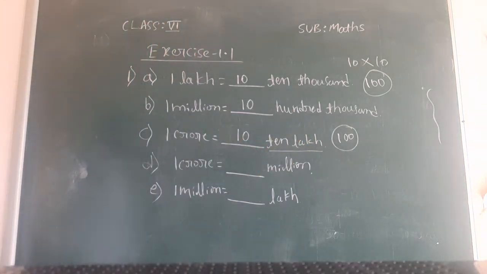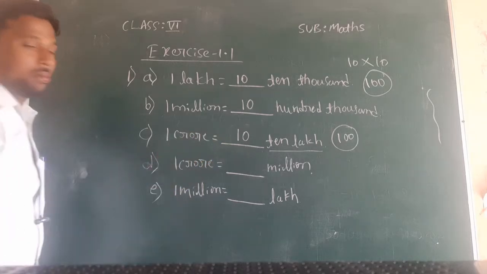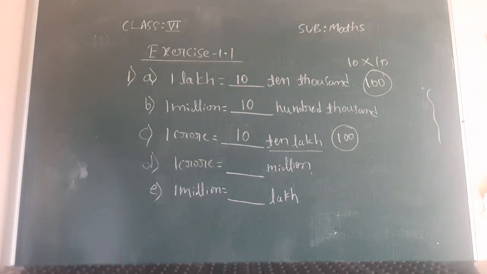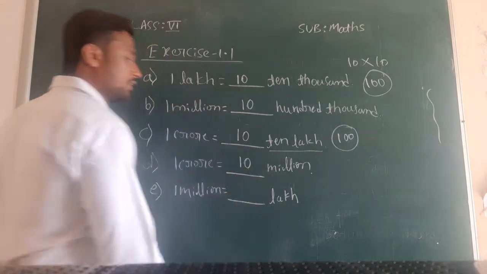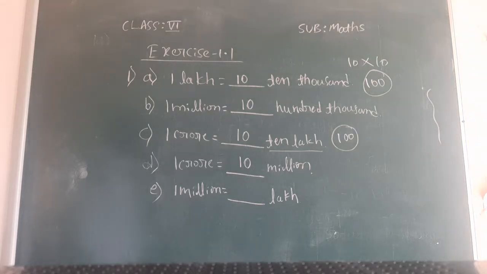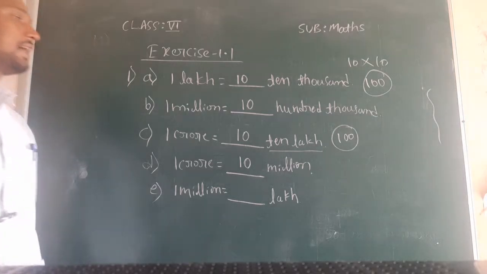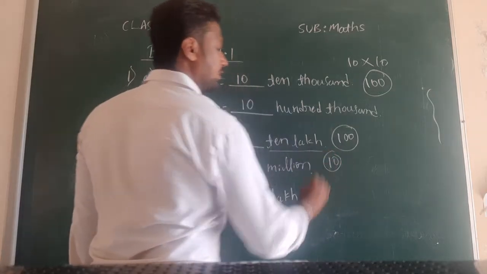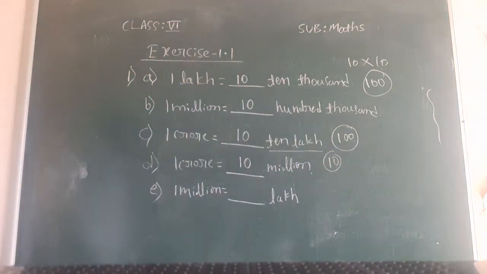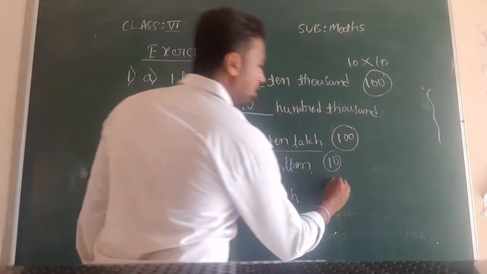Next one, 1 crore equals to how many millions? Directly we can write it as 10 millions. In 1 million there are 10 lakhs, and in 1 crore there are 100 lakhs.